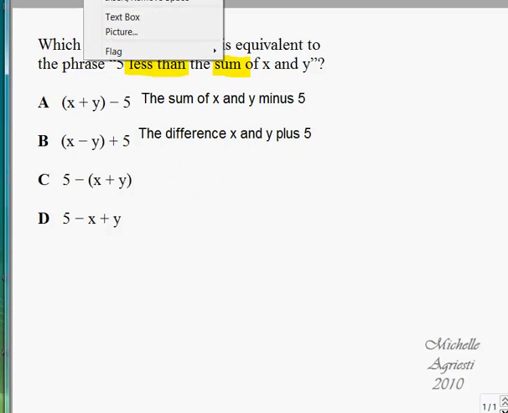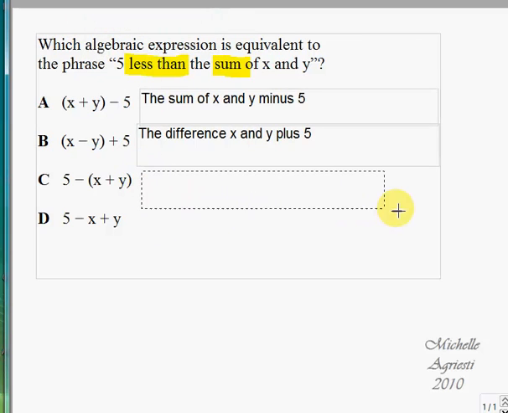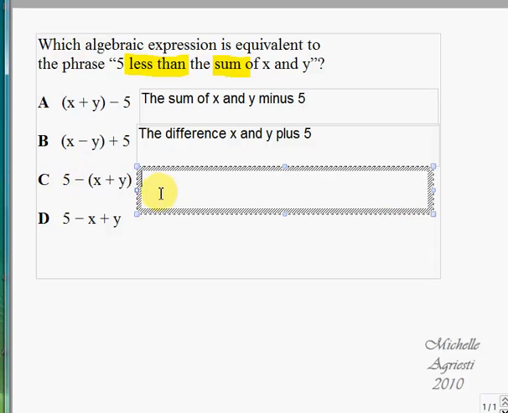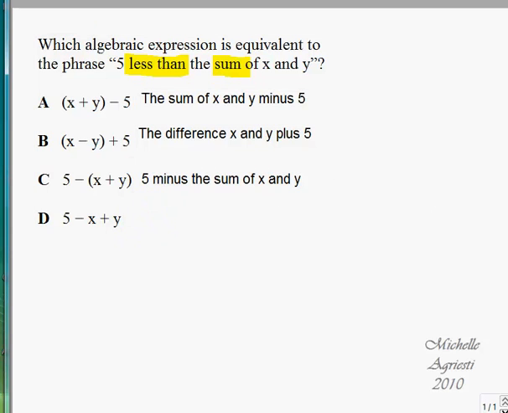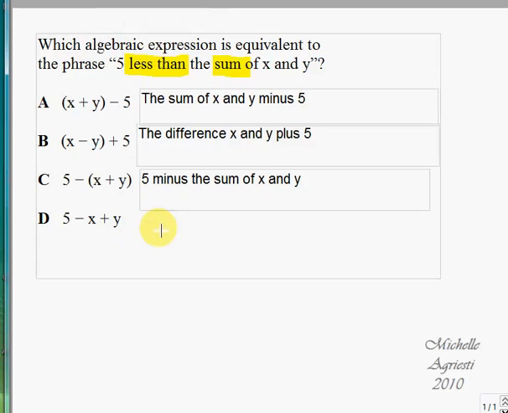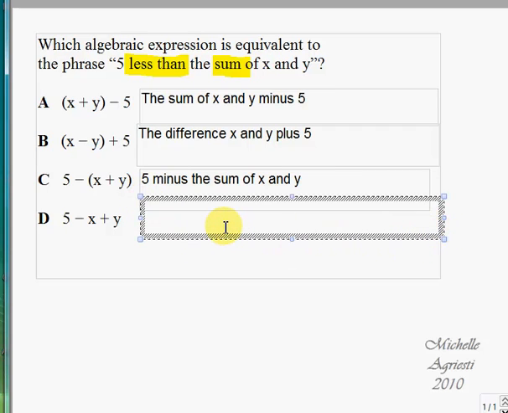Choice C, we're doing 5 minus the sum of x and y. And on D, looks like we're doing 5 minus x, then we're adding y. 5 minus x plus y.